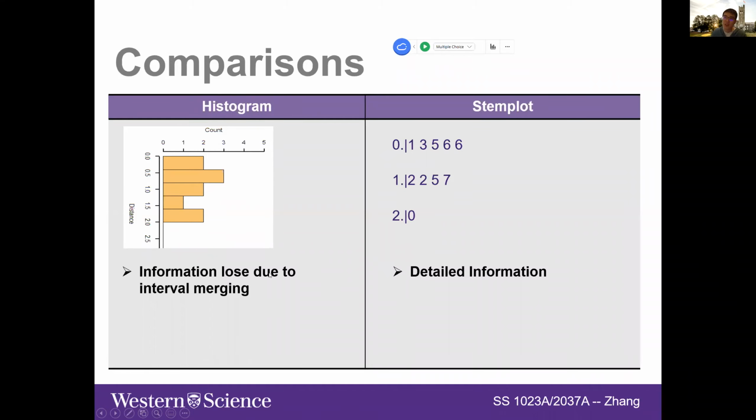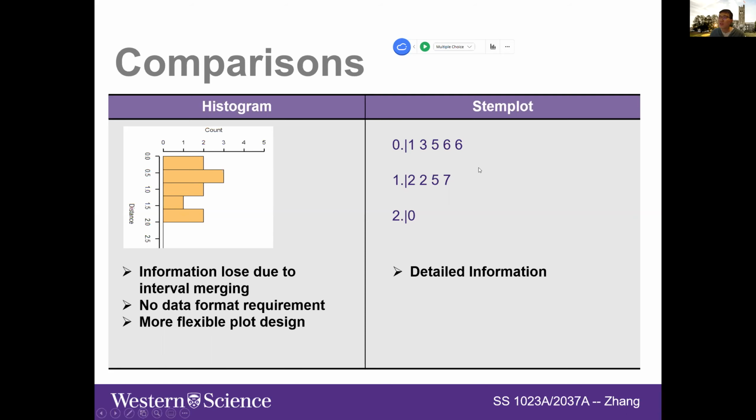But the difference is that when we plot the histogram, we need to merge some data into different categories, so we do have some information loss. For the stem plot, on the other hand, we don't have this information loss because we still keep their exact digits. Which means if I give you a stem plot, I have actually already given you all of the raw data set. So that's the difference.